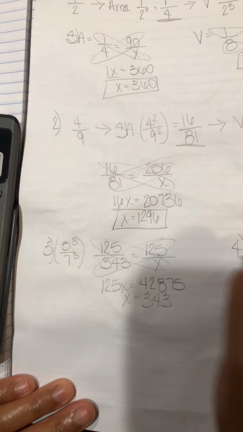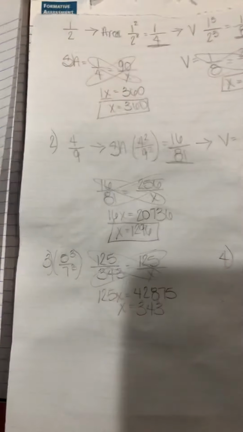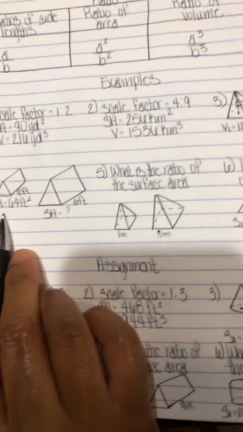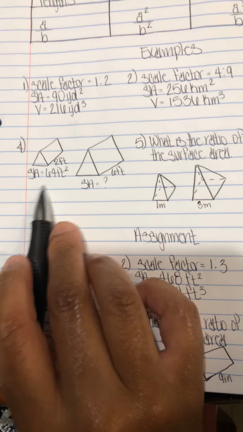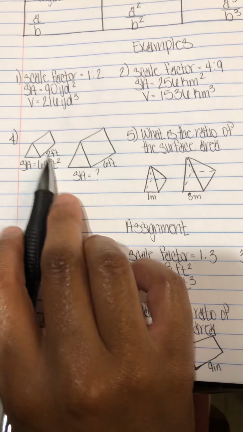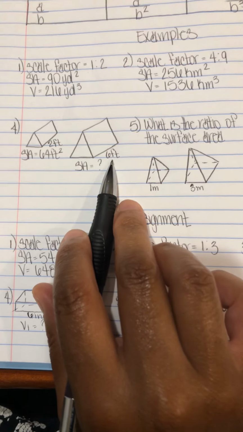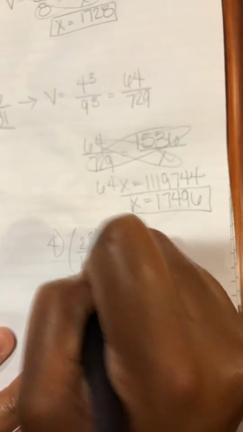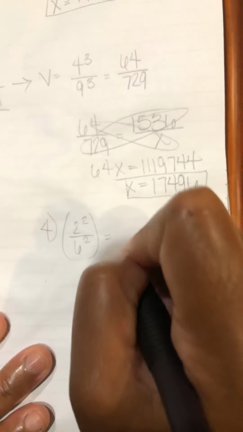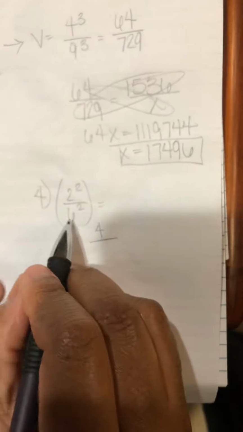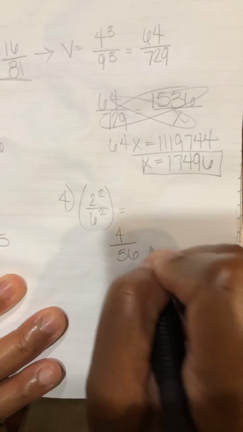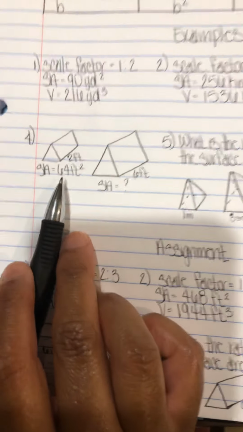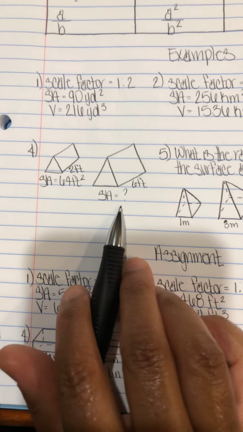For number 4, for this one, they're looking for area. Area means we need to square it. So I'm going to take the 2 and the 6 and I'm going to square that. So 2 squared, 6 squared. 2 times 2 gives me 4. 6 times 6, 36. Now, the 2 goes with the 64. 6 goes with x.